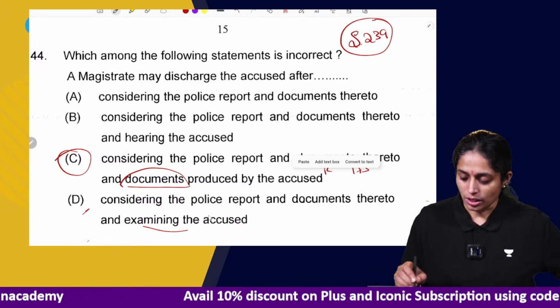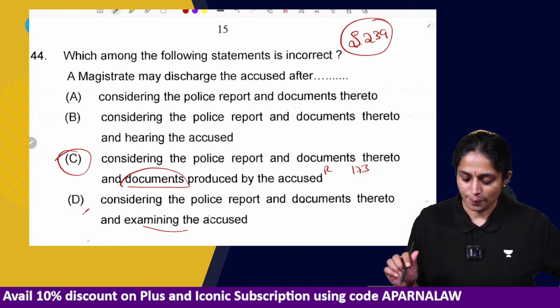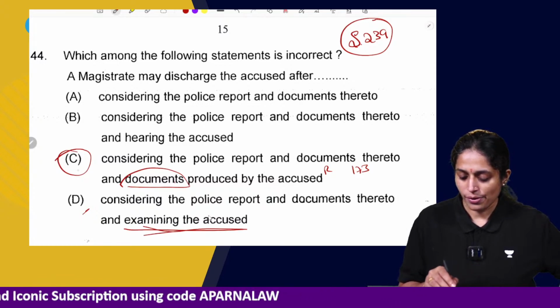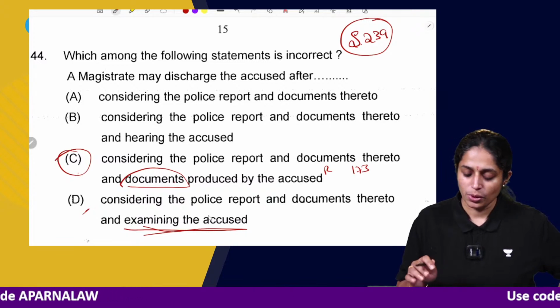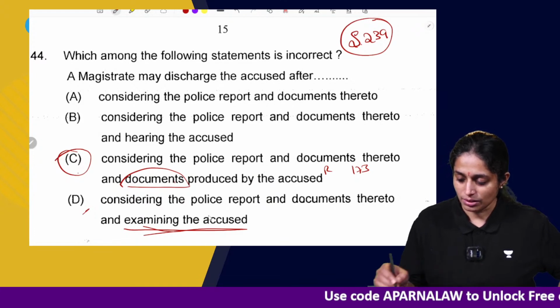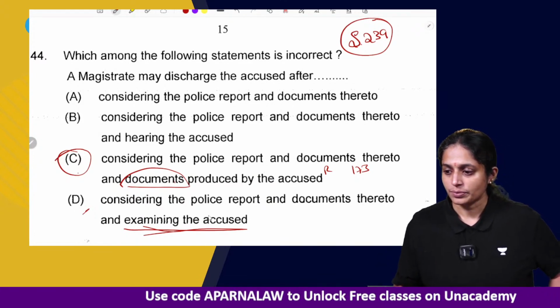But as per section 239, where it speaks regarding the discharge, it is regarding examining the accused. But the answer has been given as this. So I don't know the reason why they have given it. For me, if I would be there, I would have answered D.